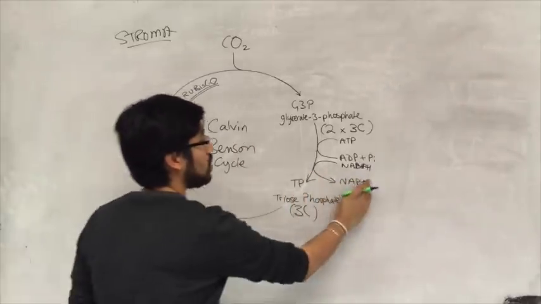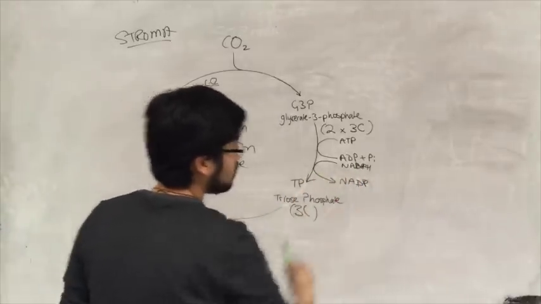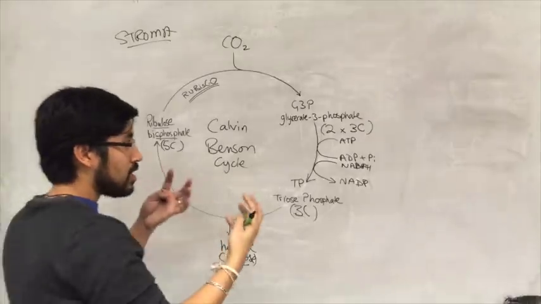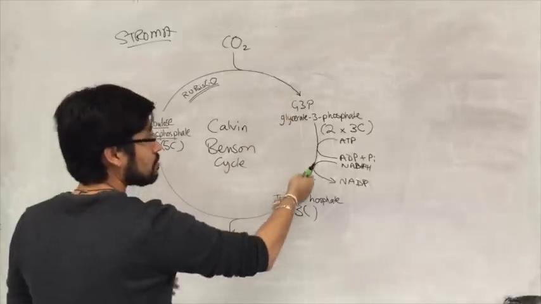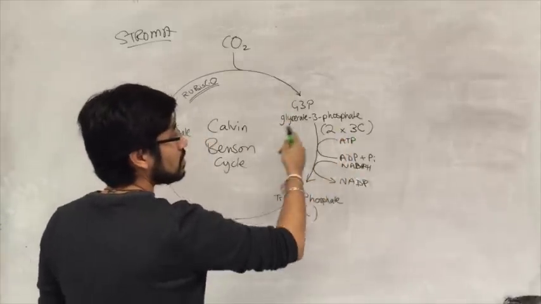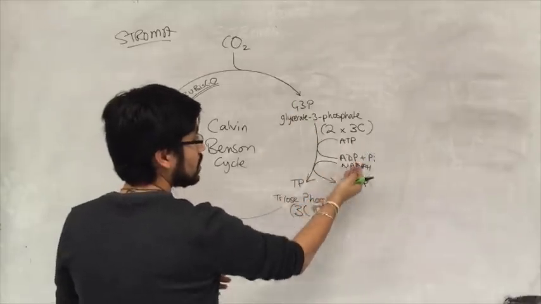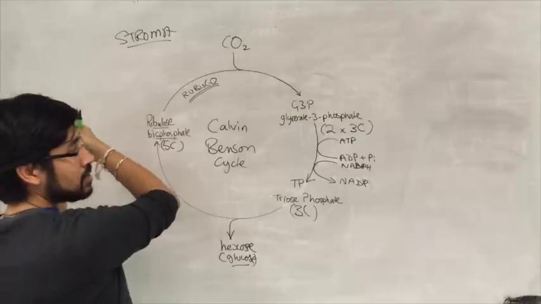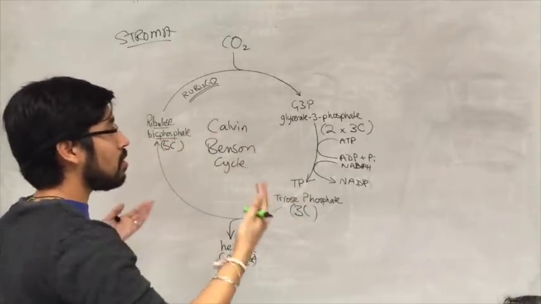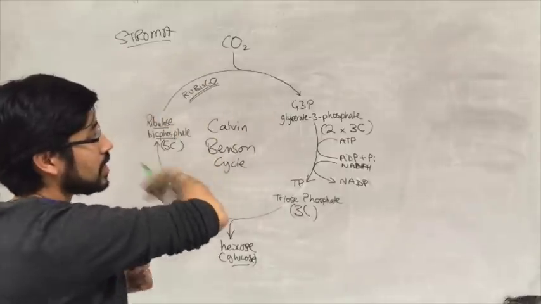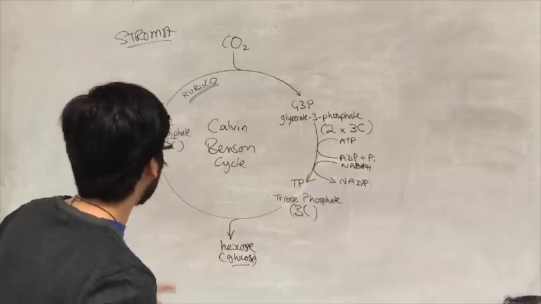NADPH is converted back to NADP. The H part, the reducing part, is needed in that conversion, and the energy from ATP is also needed. So without the ATP and without the NADPH from the light dependent stage, this part of the cycle would not occur, and without one part of the cycle, we wouldn't get it continuously being able to turn.